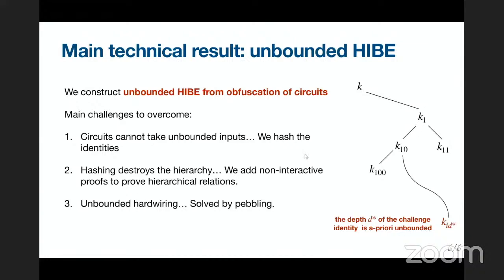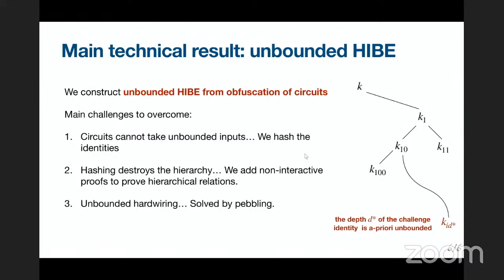So to solve this issue, we use hashing to fix the length of the target identity. But the thing is that when you do hashing, you completely destroy the natural hierarchy that exists when you use HIBE. Usually you use a tree-based hash hierarchy, and so this completely destroys the hierarchy because it completely changed the way the identities are defined.